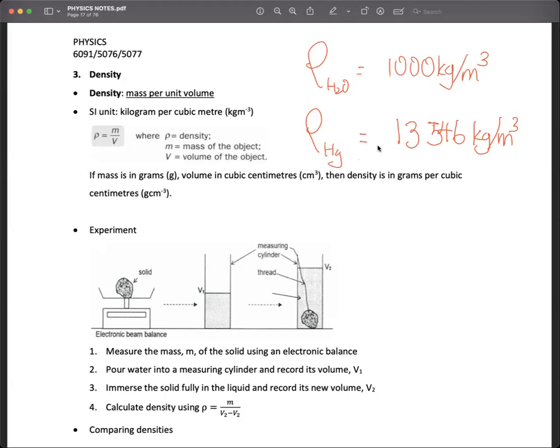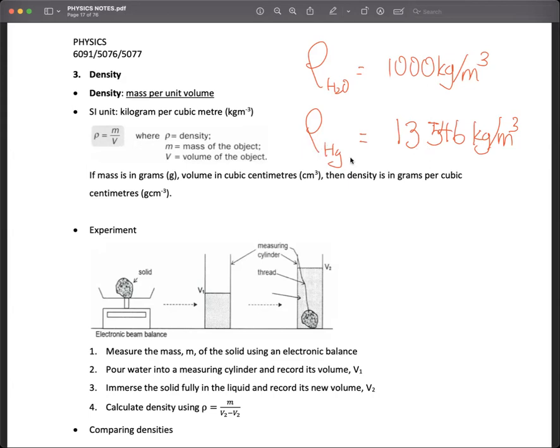Why we use mercury to measure a lot of things is because at atmospheric pressure and temperature, meaning in our normal environment, mercury is the densest liquid in our common environment. I repeat myself again.